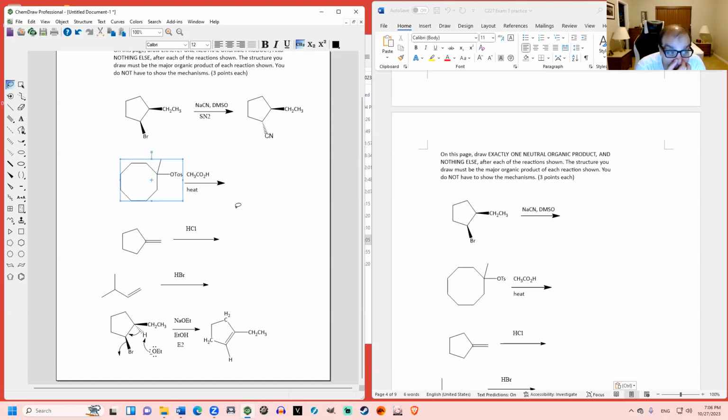I forgot to do that here. I'm used to using Ts and not Tos. But in case I forget, Tos and Ts are the same thing. They both mean tosylate. And we're treating it with a protic solvent. I would expect you to recognize what CH3CO2H means.